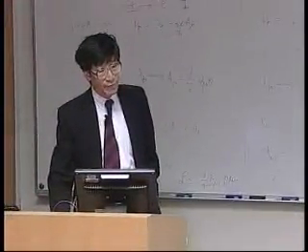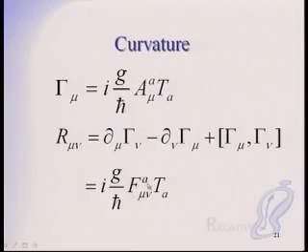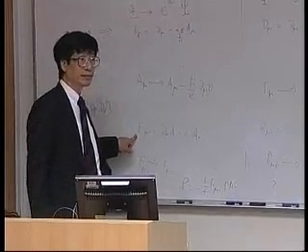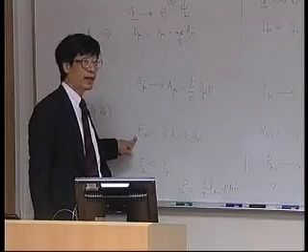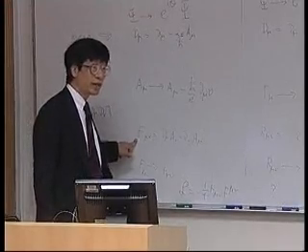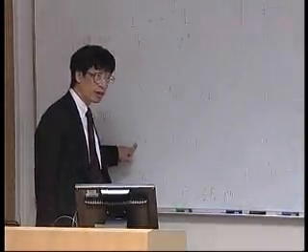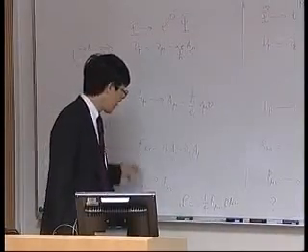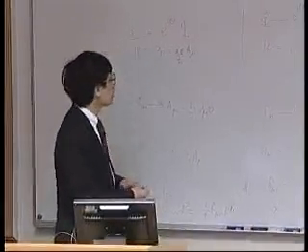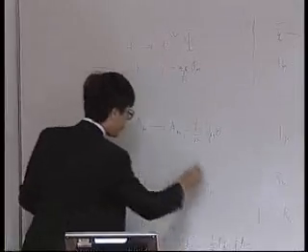So what I next want to do is to find an explicit expression for F, which is analogous to this one. Think about it, because there's a danger that everything is too abstract and you lose sight.